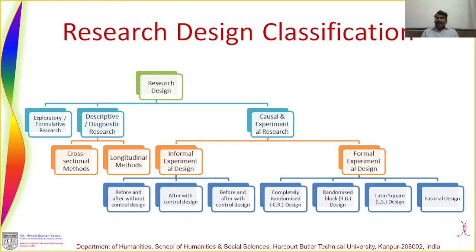So this is the overall research design classification. We will discuss each one in detail, but I must stop this lecture at this moment, and we will continue in the coming session.